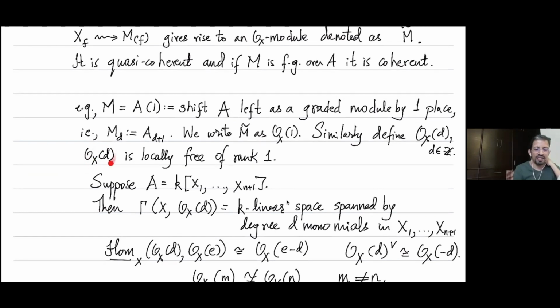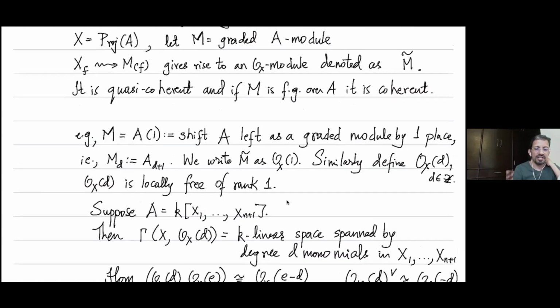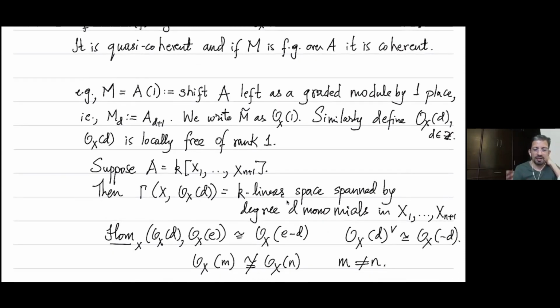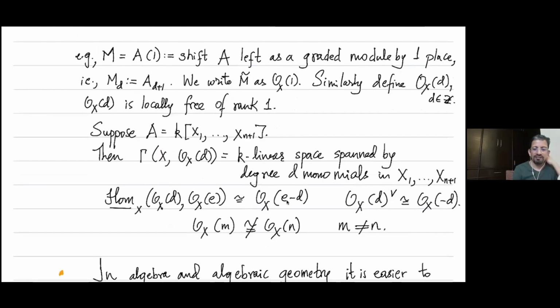So O_X(d) over sufficiently small open sets is isomorphic to O_X itself. Therefore it will turn out to be a locally free sheaf of rank 1. So it's what is sometimes called an invertible sheaf, and by abuse of terminology is also called a line bundle. So this is a locally free sheaf of rank 1.